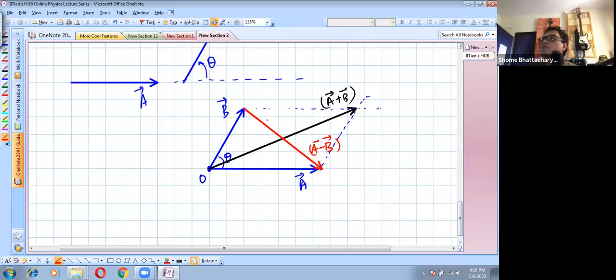This was the angle beta that we talked about earlier, and this was the angle alpha. You don't need to write any separate formula, because the formula for the magnitude of A plus B and alpha is the same as what we got in the triangle law.